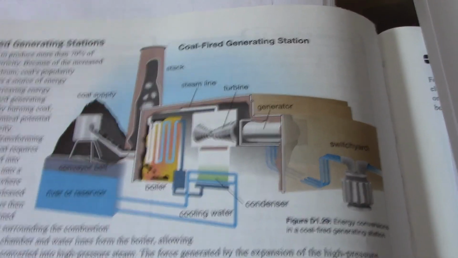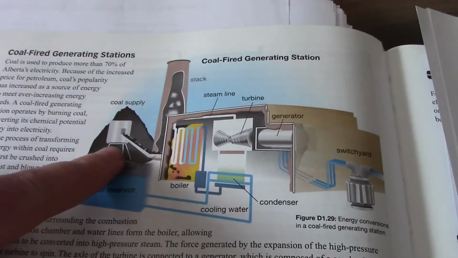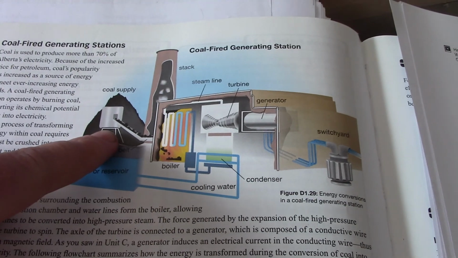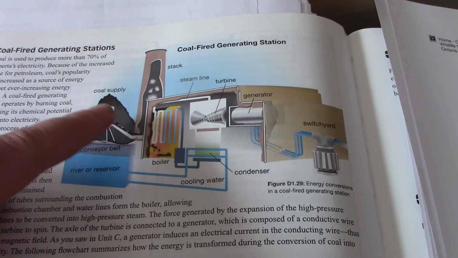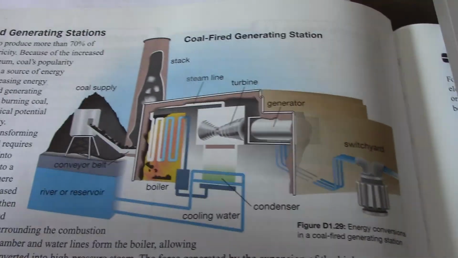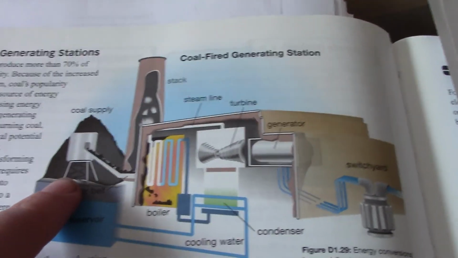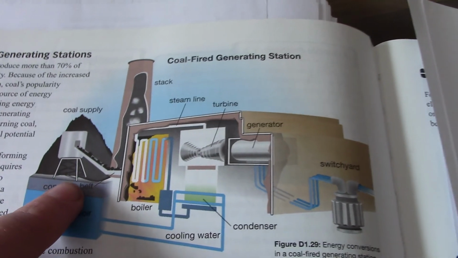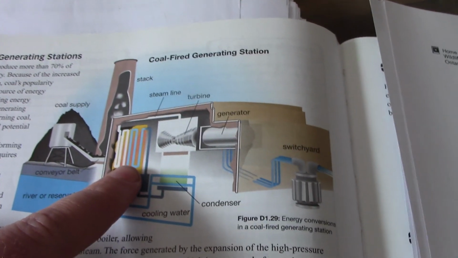In any generating station, we'll burn an energy supply, and this could be a fossil fuel-based energy supply. This is a coal-fired generating station, but you could have a hydro plant, where the purpose is to hold water back. Basically, every generating station uses a potential energy source, and that's used to boil water.